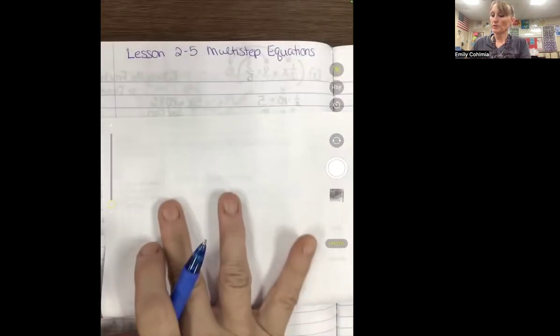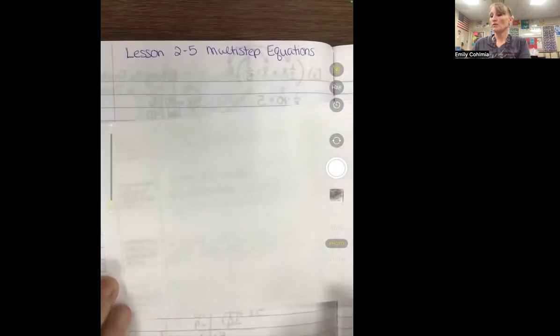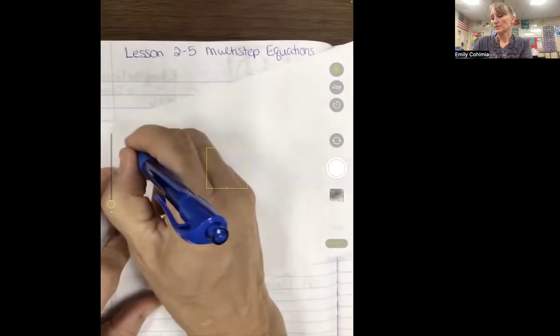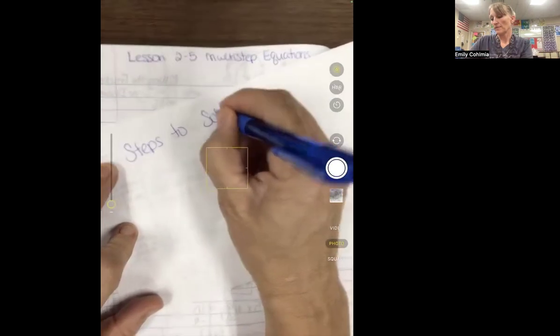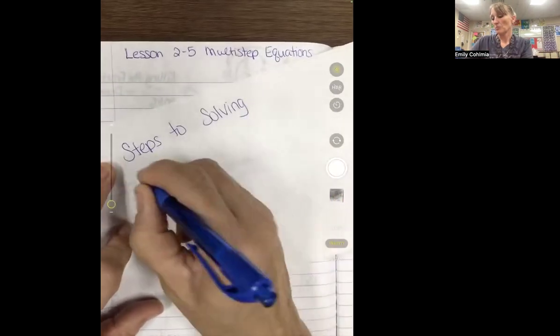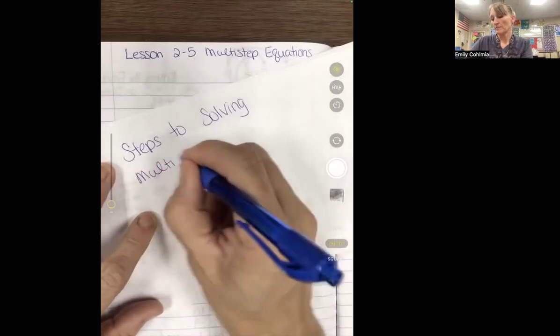Okay, so you're going to take this paper and we're going to fold it in half. And on the outside, we're going to write steps to solving multi-step equations.